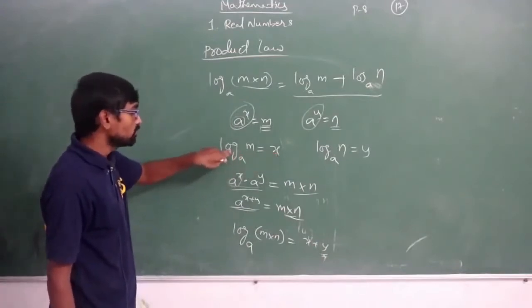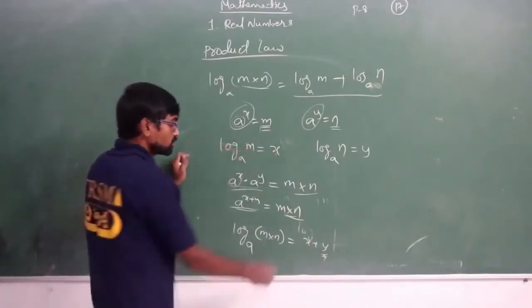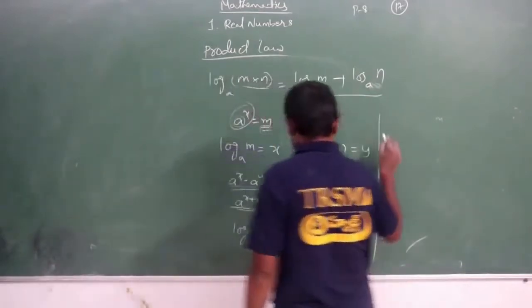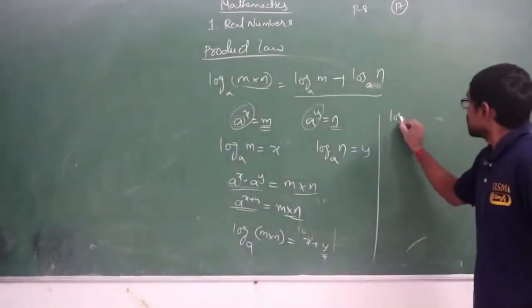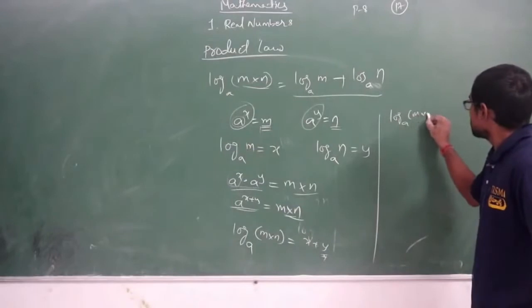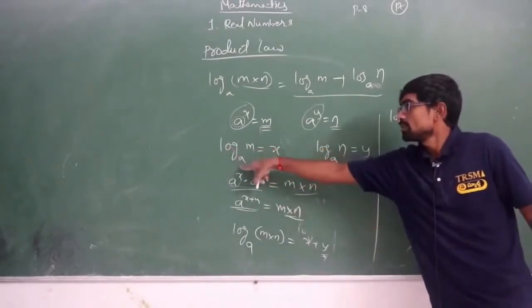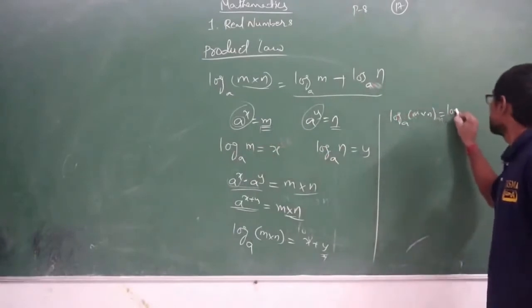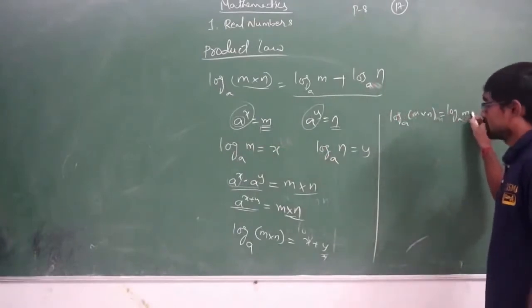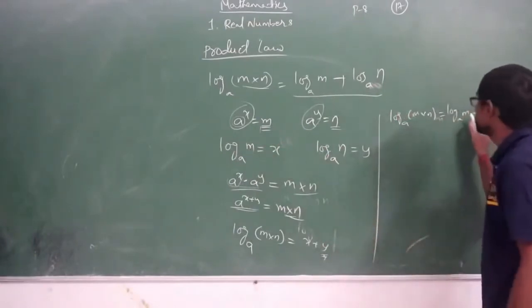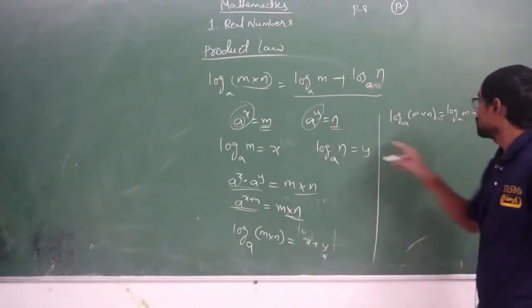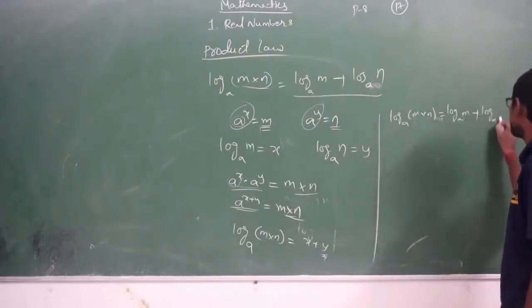The x value we have is log base a m, so I can write here log base a m into n is equal to log base a m plus, and the y value we have is log base a n.